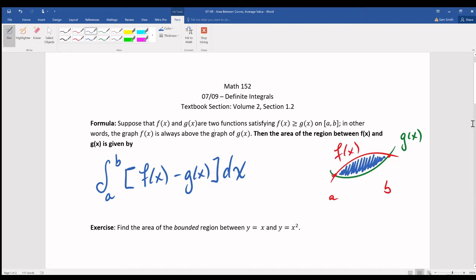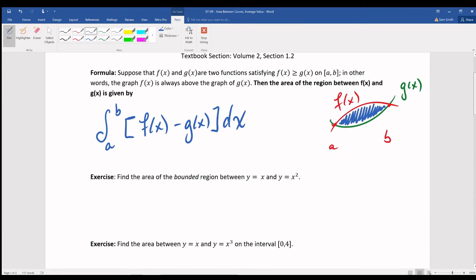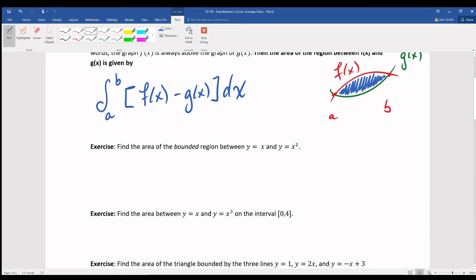Now let's try and use this formula on the following exercise. Find the area of the bounded region between y equals x and y equals x squared. Now when you're doing these problems, I always recommend starting by getting a graph of these functions.